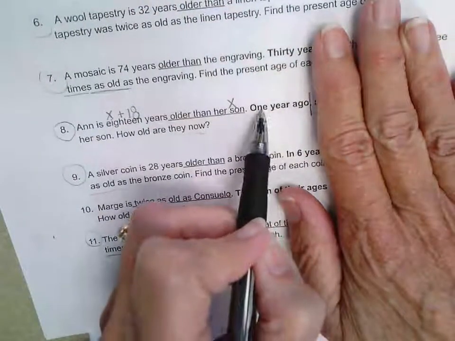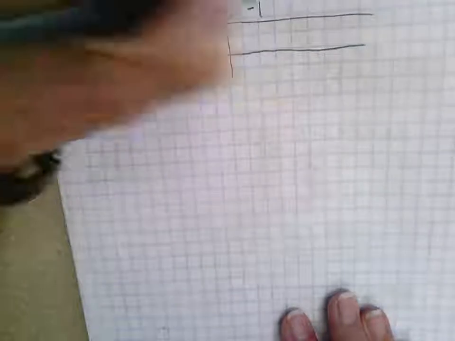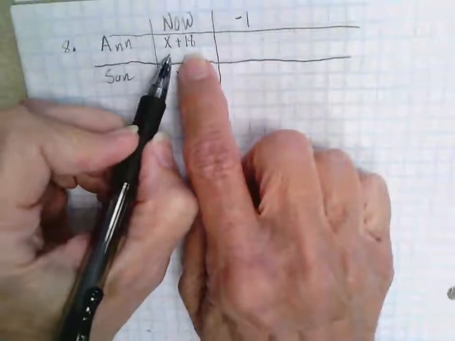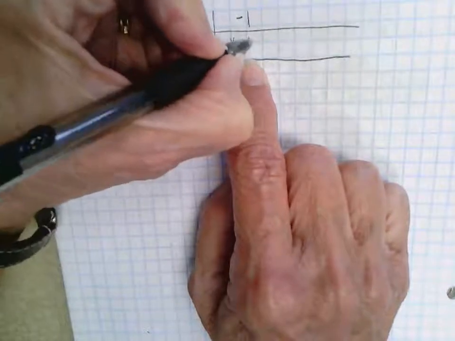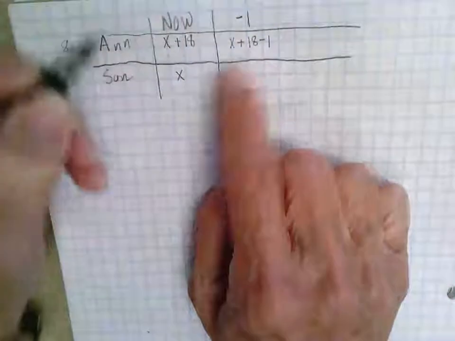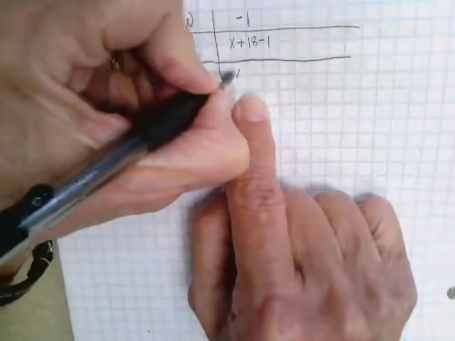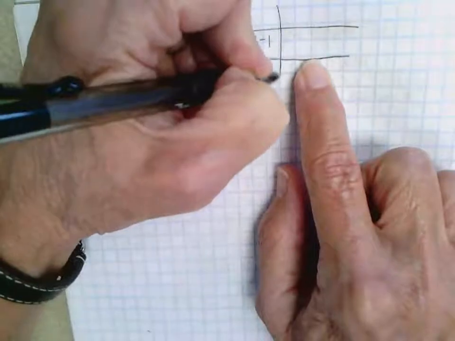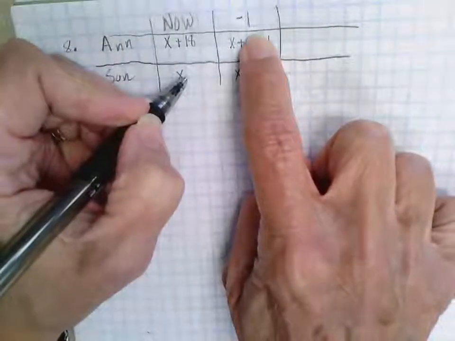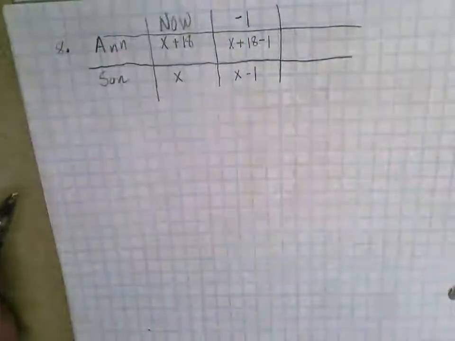So instead of being an addition, we're going to be subtracting, and we're going to be subtracting 1. So we're going to subtract 1 from Anne's age, x plus 18 minus 1, and we're going to subtract 1 from the son's age, x minus 1. So this is 1 year ago. This is how old they are now. This was 1 year ago.